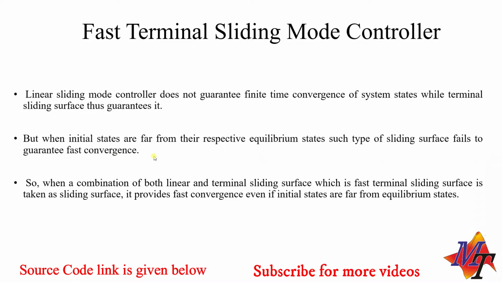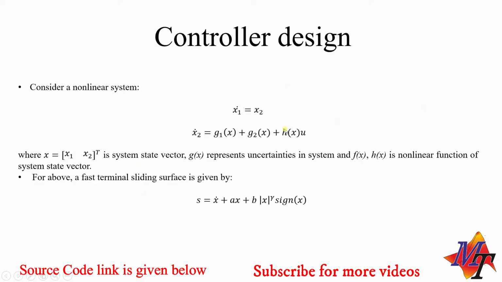It means the terminal sliding mode controller provides finite time convergence, but it does not guarantee fast convergence. So for that, we need a fast terminal sliding surface, which is a combination of both linear and terminal sliding surfaces, and it provides fast convergence even if the initial states are far from the equilibrium states. So this is the main crux of a fast terminal sliding mode controller.